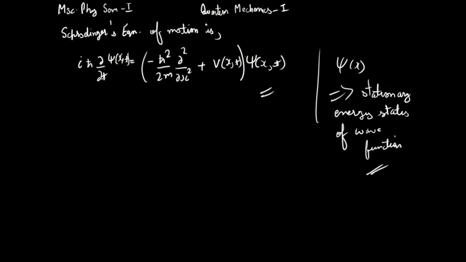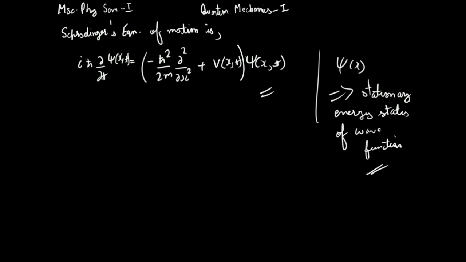By stationary states, for example in quantum mechanics, for the hydrogen atom there are stationary states. So this type of wave function represents a stationary wave function, that is a wave function which does not change with respect to time.